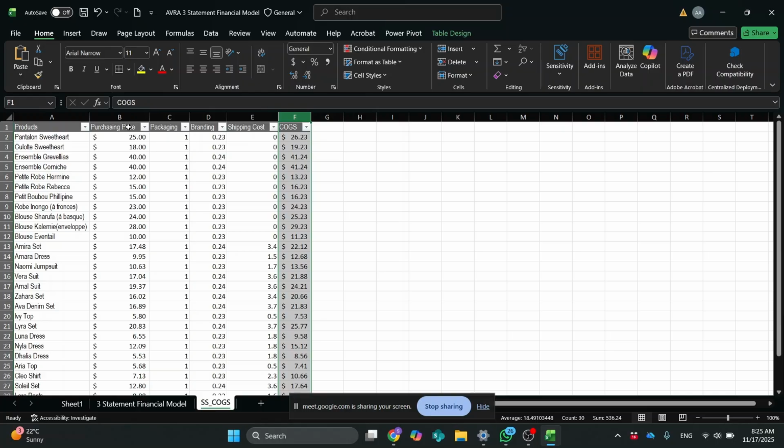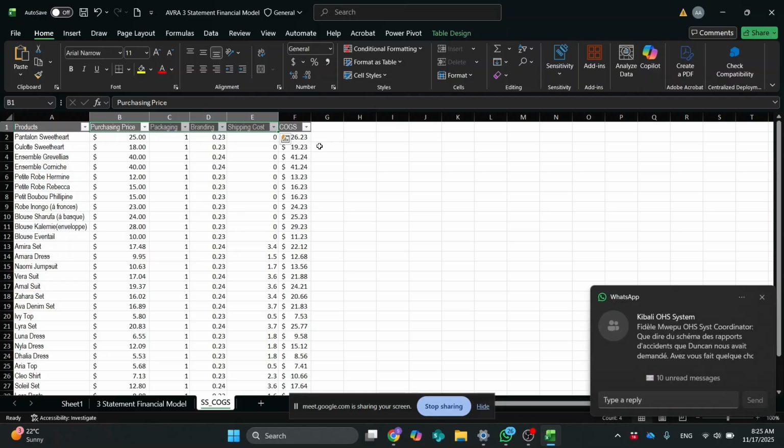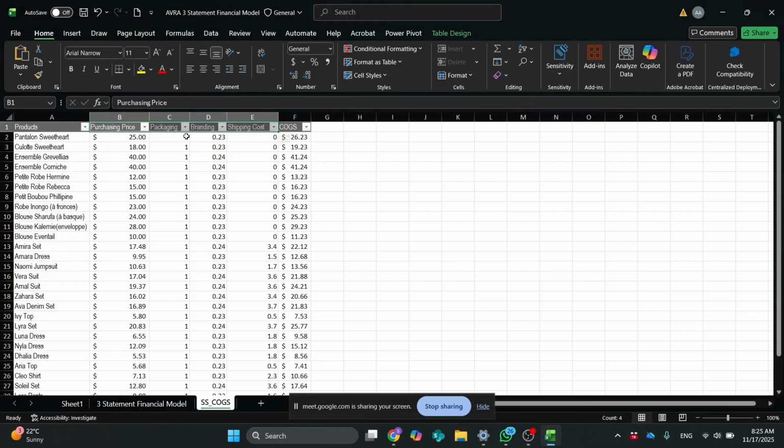So aside from the things that are written here, is there any other thing that affects every time that you sell a product? Are we sure these are just the things that affect our cost of goods sold, or are there other things?